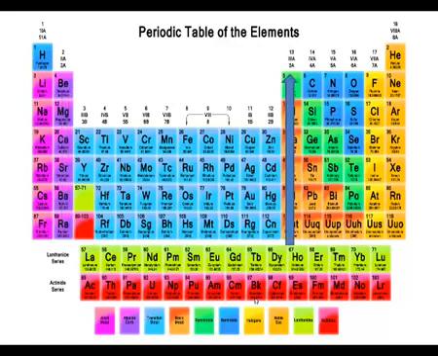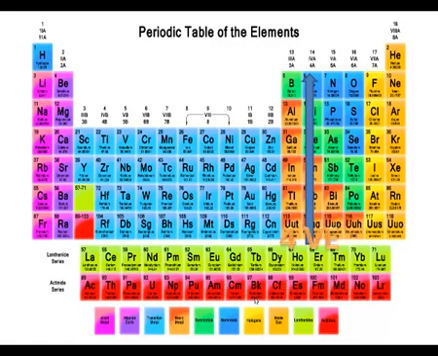Group number 3 actually jumps all the way over on the right hand side of the periodic table. You can see where it would be column number 13. That would be the group that has all of the 3 valence electrons. Everything else in the middle has varying numbers of valence electrons.